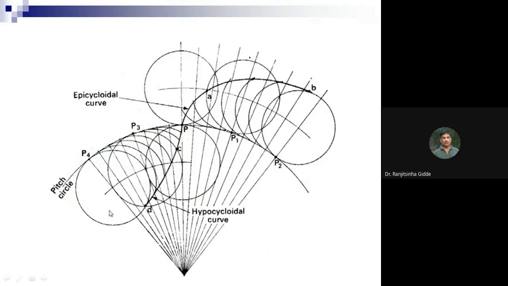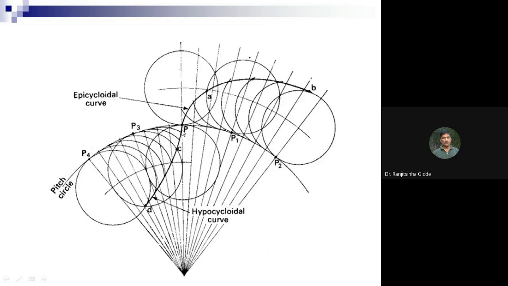So why am I showing this? The cycloidal curve has two parts. This is also important because it is asked in MCQ type questions. So first consider this circle, and this pitch circle is fixed, and on that it is rolling like this, and in turn we get a curve, and that curve is known as the epicycloidal curve.